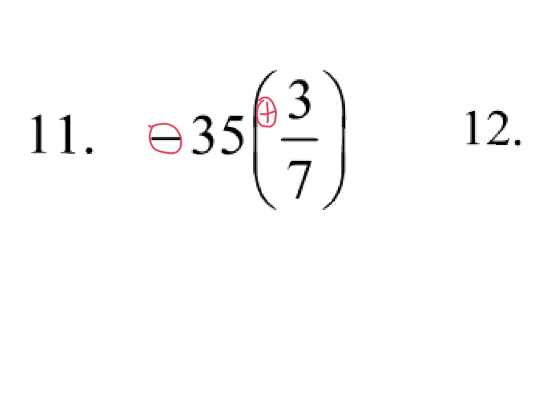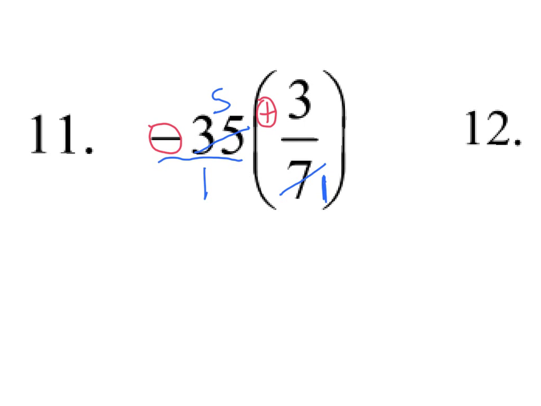So the -35, I'm just going to make it a fraction. I'm going to put 1 under the number. So now it's a fraction. You can cross multiply. Notice 7 goes into 35. You simplify, reduce. So 7 goes into 35 5 times. 7 goes into 7 once.